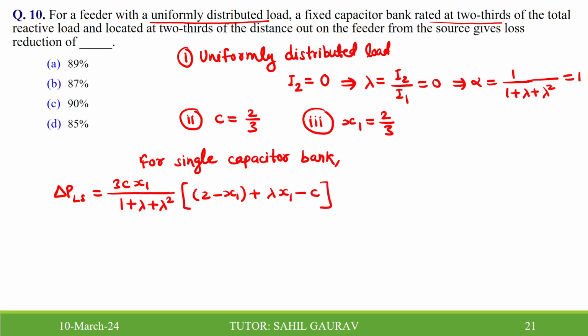So here you have to put all these values. This is given in the per unit form, and here the answers are given in percentage, so you have to multiply with 100.